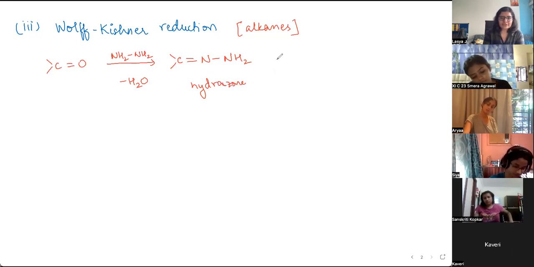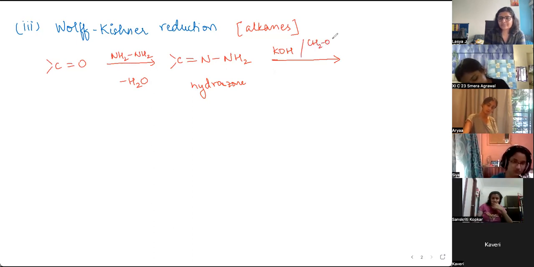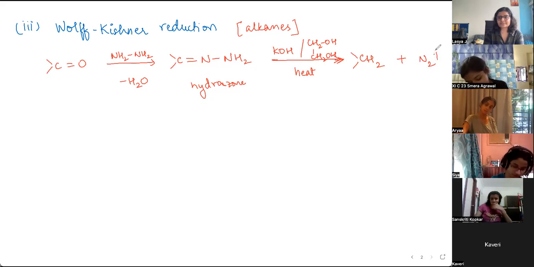Now this hydrazone, you are going to heat with alcoholic KOH, except you're going to use ethylene glycol. This is going to reduce it to alkane. So this O just gets substituted with hydrogens and nitrogen is released.